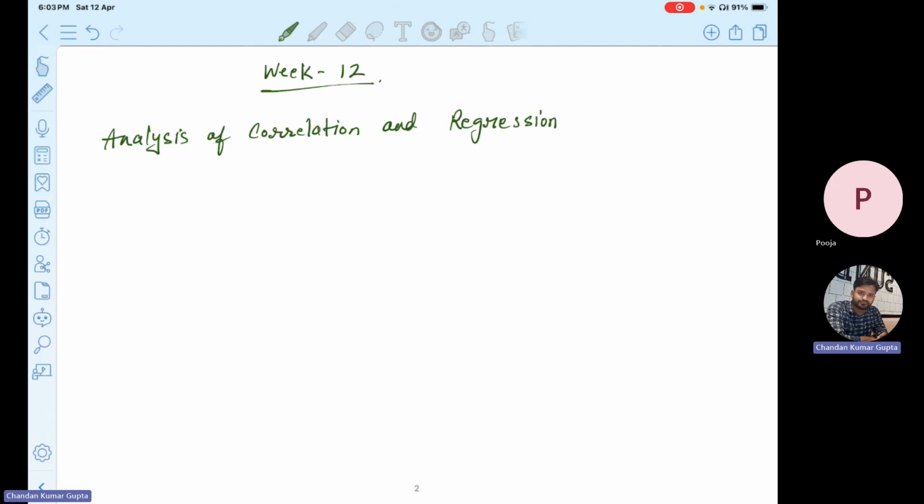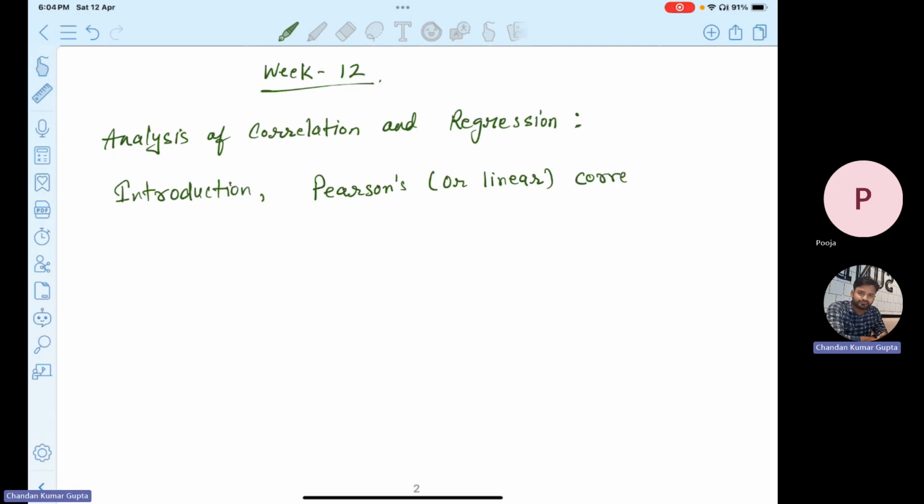First we will discuss the introduction: what is correlation and what is regression. Then we will discuss Karl Pearson's correlation coefficient, which is also called linear correlation.